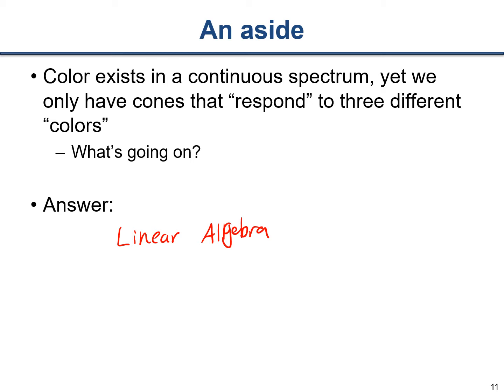The linear combination of these three different responses creates a signal that goes to the brain, and the brain interprets this signal as some specific color. Okay, so you can imagine that across the spectrum, you can have all sorts of different permutations and combinations of vector response to these three different cone cells, and this creates the continuum of spectrums that we can, as humans, see.